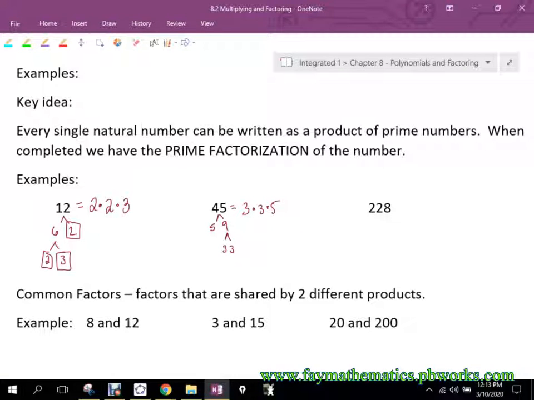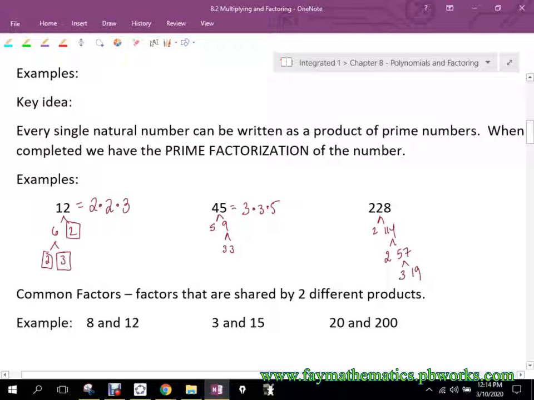Okay, let's do 228. What number divides 228? 2. Okay, 2, and Jaden, what'd you say? 114. What divides 114? 2 and 57. So how am I getting that second one? I'm taking 114 divided by 2, right? What divides 57? 3 and 19.